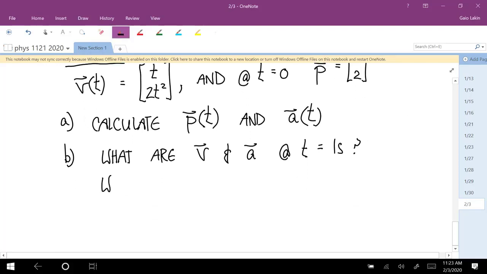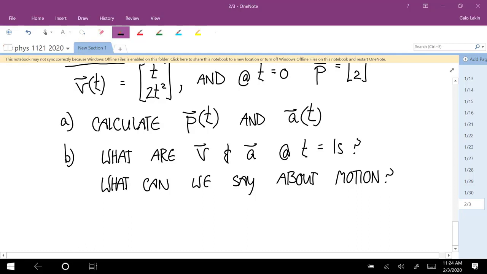And we want to use those to figure out what we can say about the motion. Here are the kinds of things we might ask: for example, which way is it moving?